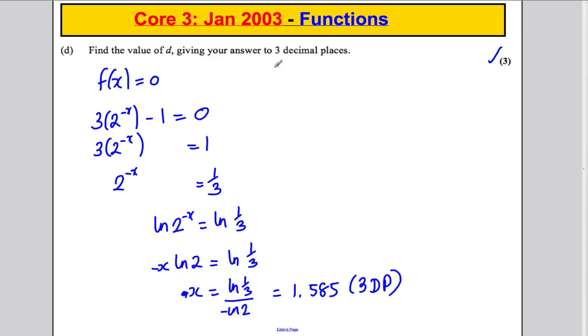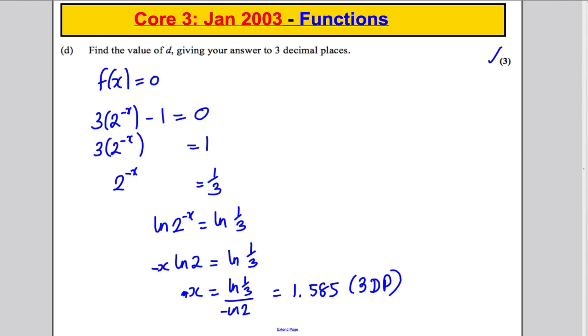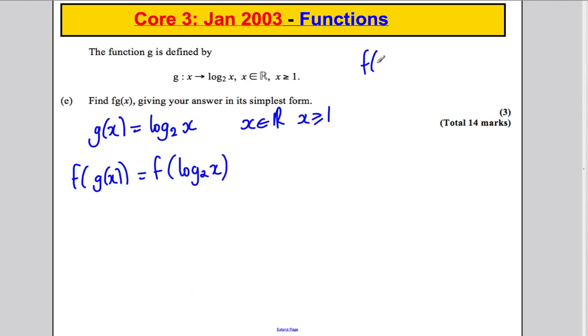Now let's remind ourselves what f is. F is the following function: 3 times 2 to the negative x subtract 1. So I'm going to write that here to remind me. F of x is 3 times 2 to the negative x subtract 1. So I'm going to evaluate f at this log base 2 of x. So it's going to be 3 times 2 to the negative log base 2 of x subtract 1.